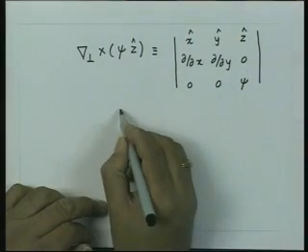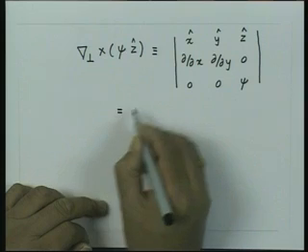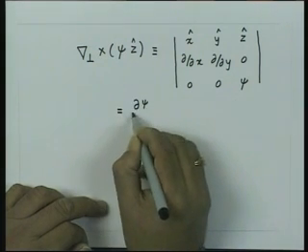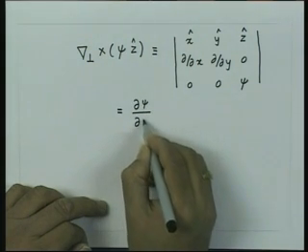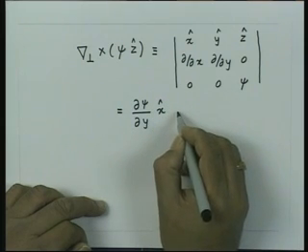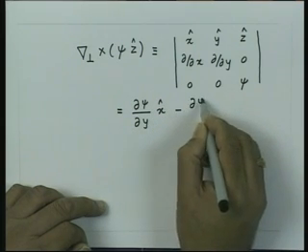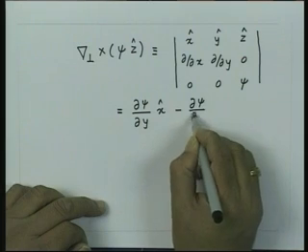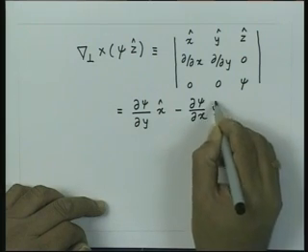So, we expand it, and this quantity essentially would be equal to d psi by dy with unit vector x minus d psi by dx with unit vector y.